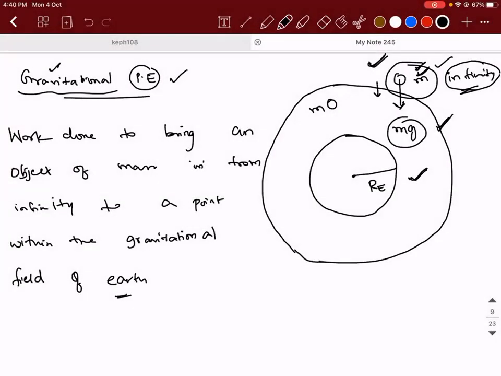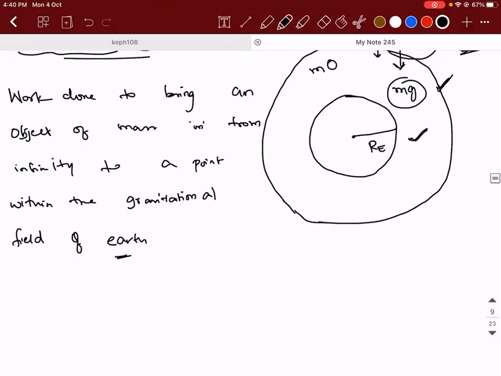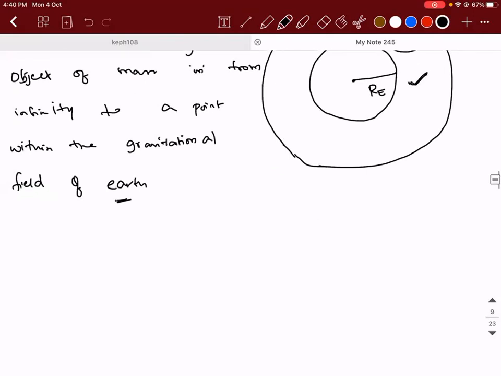You need to clearly understand this definition for us to go with the derivation part. Listen to this carefully.